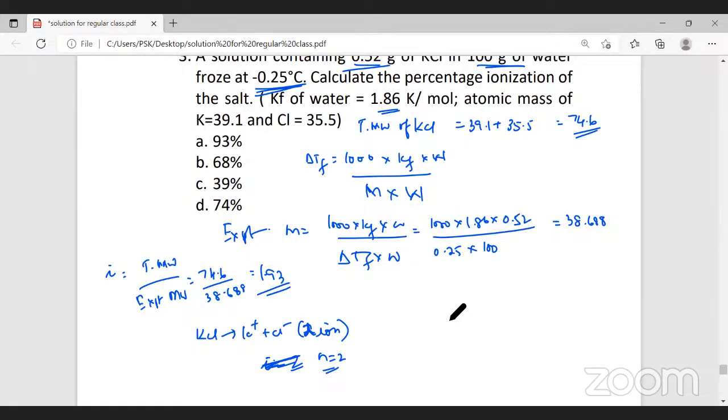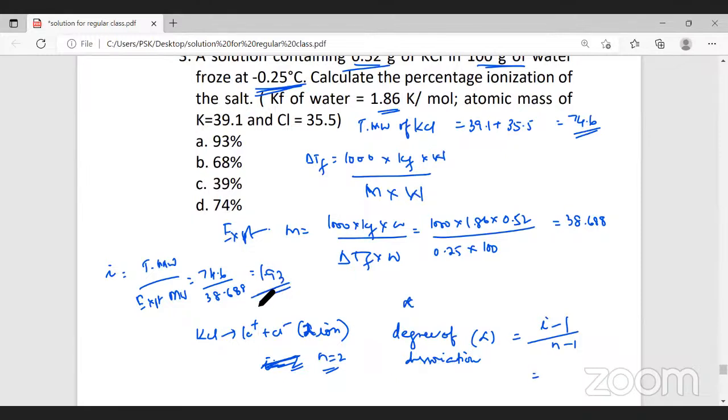So this is undergoing dissociation. Degree of dissociation is represented by alpha. Alpha is given by the formula (i minus 1) divided by (n minus 1). I taught you this formula.